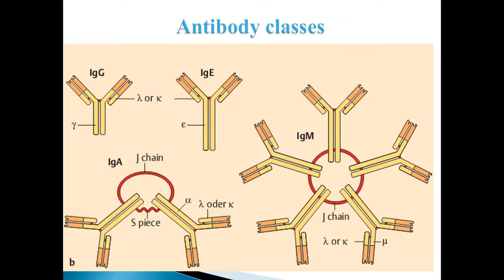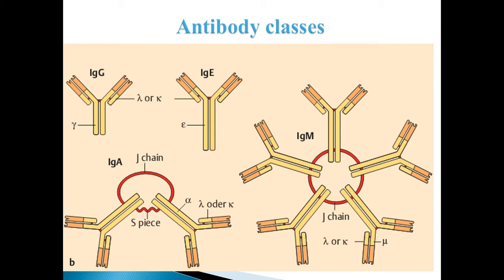Antibody classes. There are 5 classes of antibody: immunoglobulin G, immunoglobulin A, immunoglobulin M, immunoglobulin D, and immunoglobulin E. Immunoglobulin G protects the body fluids. Immunoglobulin A protects the body surface. Immunoglobulin M protects the bloodstream.